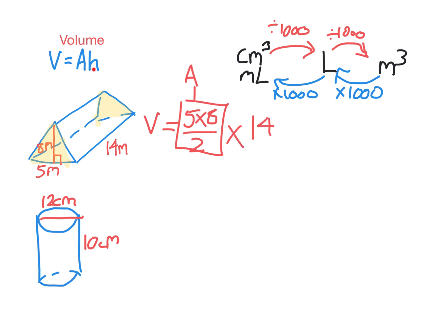Now, when we say height, it means perpendicular height. I mean the side that is perpendicular to the base. This is at 90 degrees to the base because prisms are 3-dimensional shapes. So if you put that on your calculator, you get 280. Now, when you're finding volume, it's going to be in cubic units. So this will be 280 meters cubed.